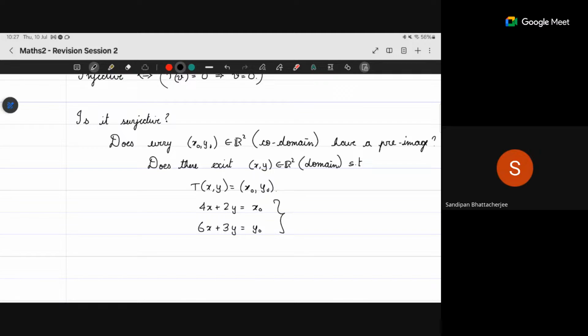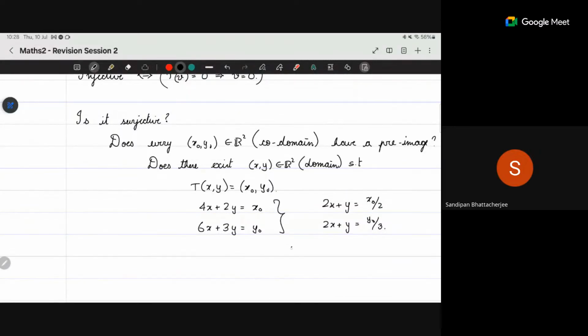From the first equation, we have x plus 2y equal to x0 by 2. If we substitute that in the second equation, we'll have 3x0 equal to y0. Now 2x plus y is equal to two different things. If those two things don't agree, then you will not have a solution, correct? Yes. If x0 by 2 is not equal to y0 by 3, then it will not be there.